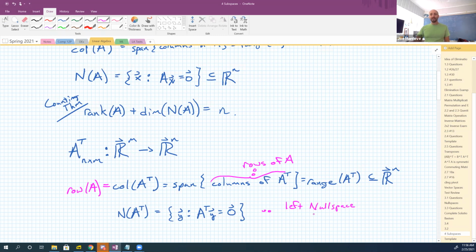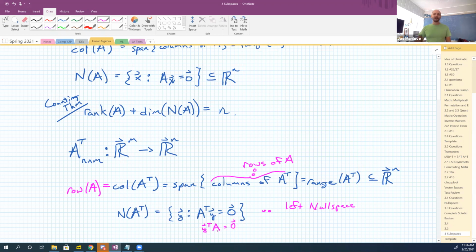I'm going to tend to refer to that as the null space of A transpose. But the book's going to call it the left null space. I don't really like thinking about left multiplication, so I tend to avoid it when I can. But really what they're getting at is that y transpose A is also going to be 0.